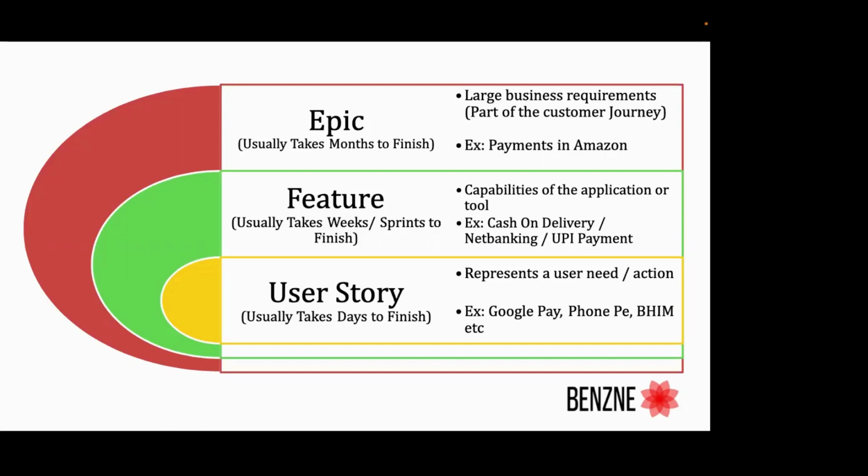Then comes your features. Features are nothing but capabilities which your product should provide or which you think the product should provide. Let's take a small analogy and then compare with Amazon. When I spoke about 3 BHK, let's take one bedroom at a time. We came into the bedroom.